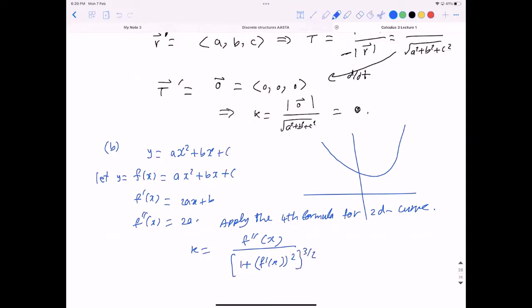The 2 in the denominator is there instead of the square root we have for the norm or magnitude of the vector. Yes, the magnitude of the vector is a square root, meaning power of half. It's the same formula. So what we have here is f double prime, 2a, over 1 plus (2ax plus b) squared, all of this to the power 3 over 2.